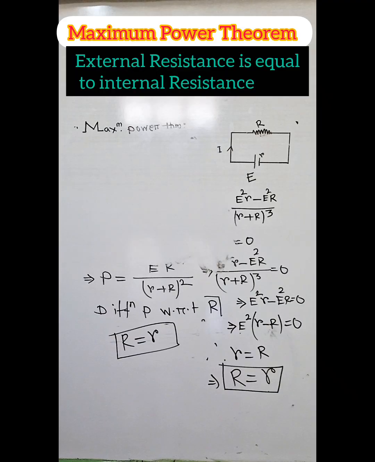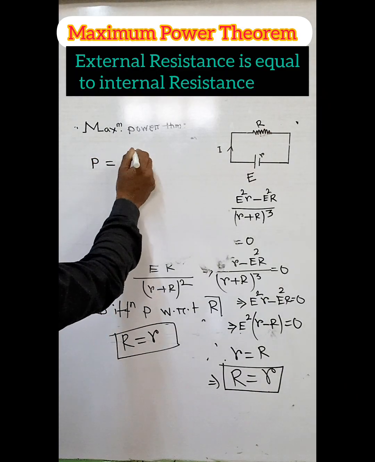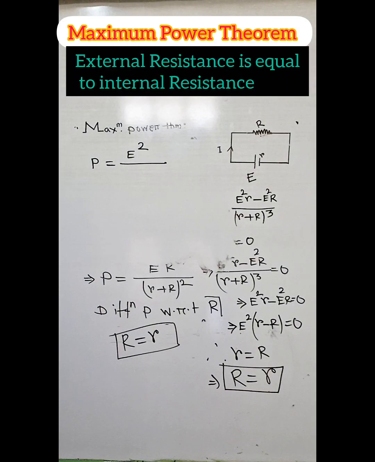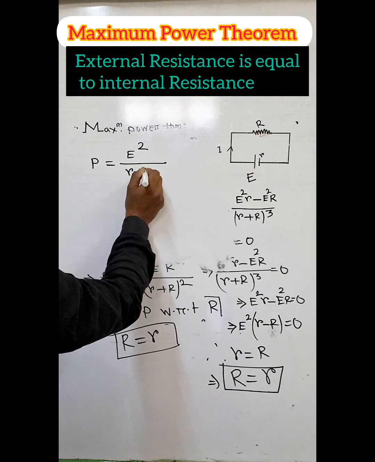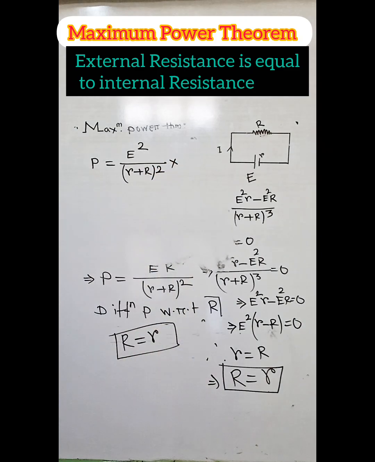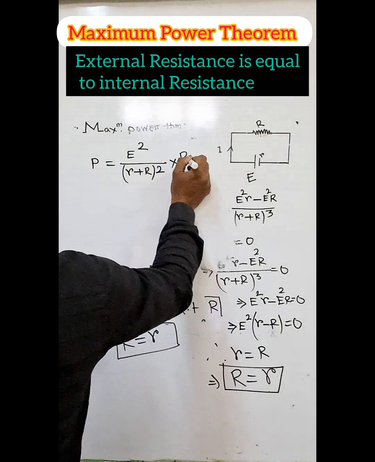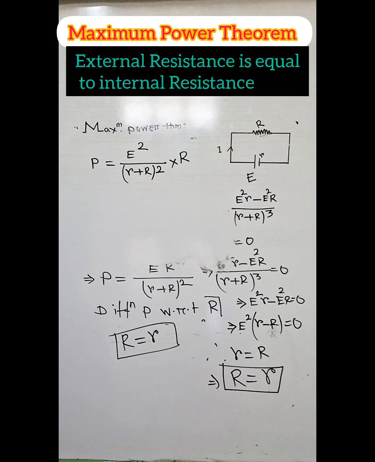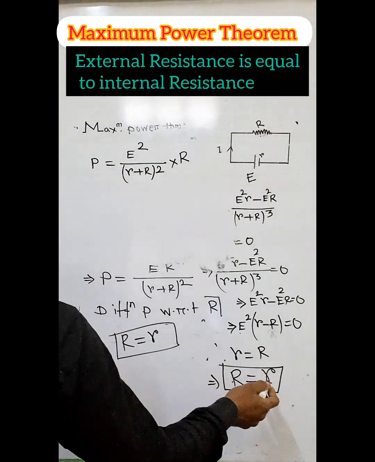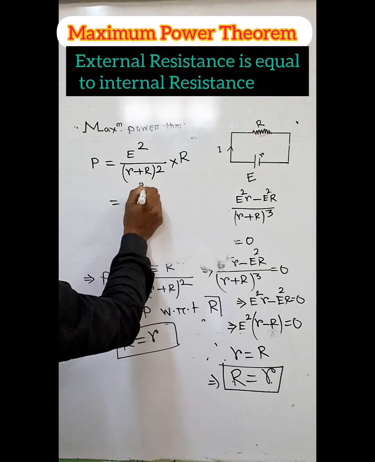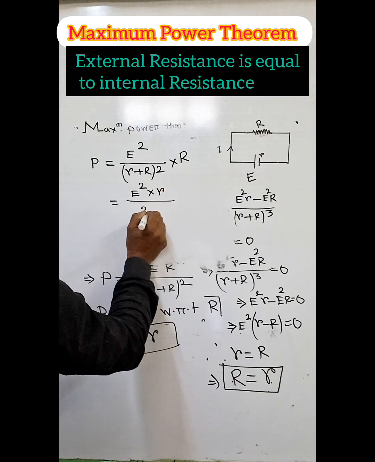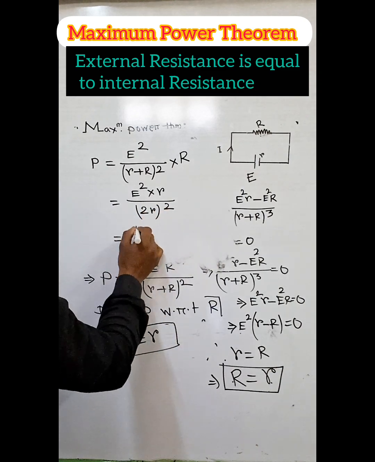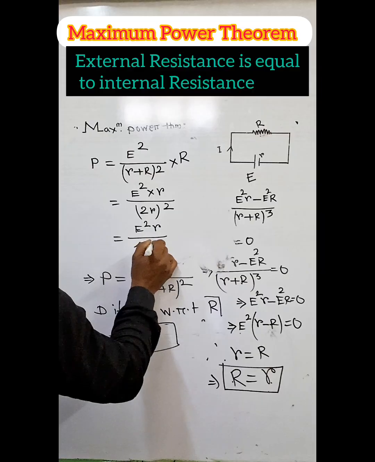Already we have seen that power equals E square divided by (r plus R) whole square into the external resistance R. Now in this expression, if you write R equal to small r, that is external resistance equal to internal resistance, then E square into R divided by (twice R) whole square, which is equal to E square R divided by 4 R square.